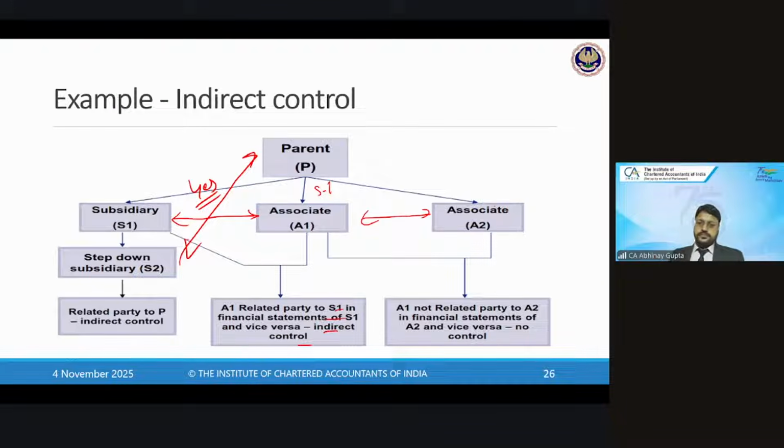No. Why? No control between them. Neither A1 is controlled by P nor A2 is controlled by P. So A1 is related to P, A2 is related to P, P is related to A1 and A2, but A1 and A2 are not related to each other. Is that clear?